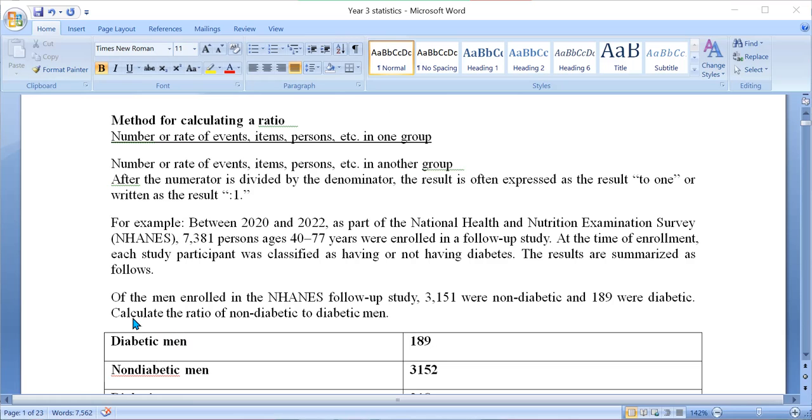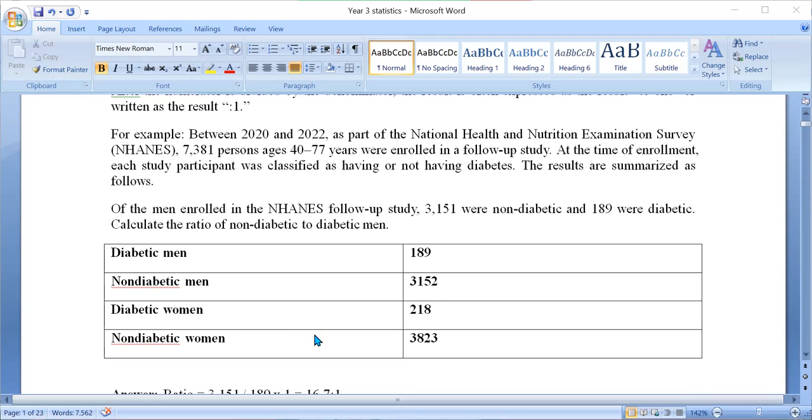Of the men enrolled in the study, 3,151 were non-diabetic, and 189 were diabetics. Calculate the ratio of non-diabetic to diabetic. These are two groups of persons: people who have diabetes and people who do not have diabetes. So ratio is used to compare two things, two phenomena.